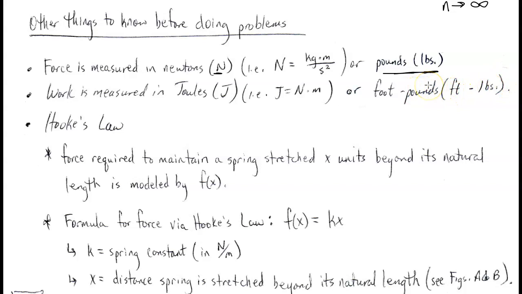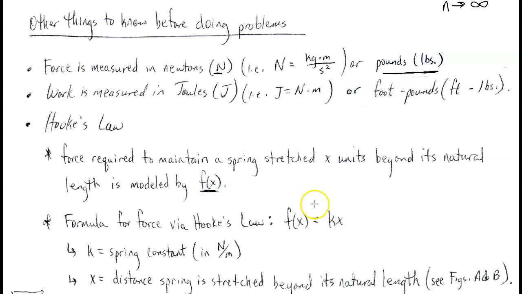Okay. Now, Hooke's law is basically the law that tells you how force acts on a spring. We're going to use this a lot as well. The force required to maintain a spring stretched x units beyond its natural length can be modeled by this function f of x.